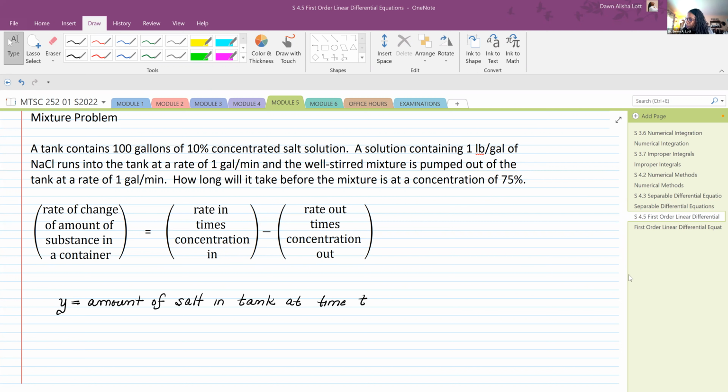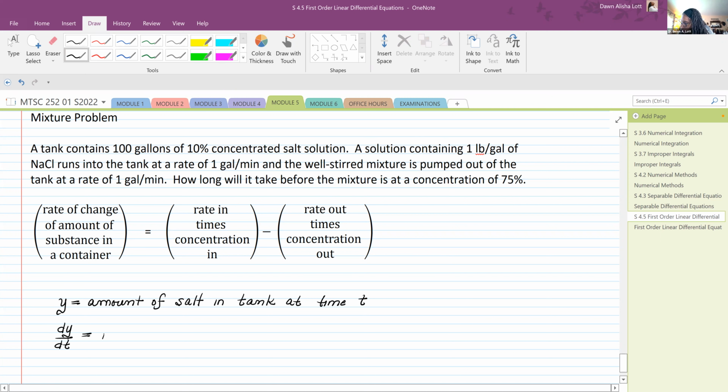And the rate of change of the amount of that substance is dy dt. So dy dt, that is the rate of change of the amount of salt.